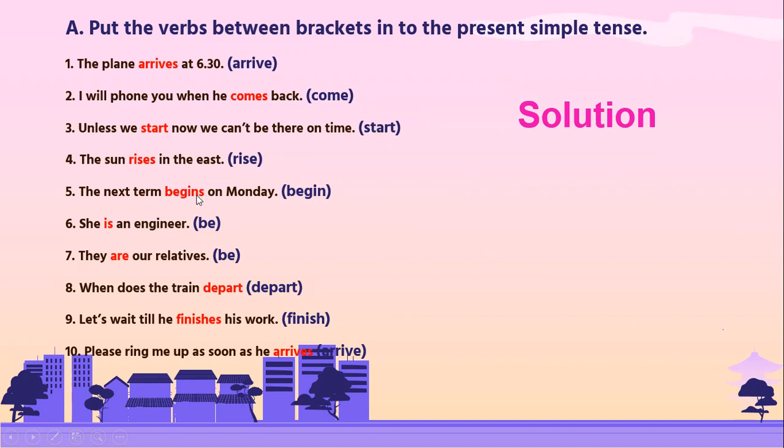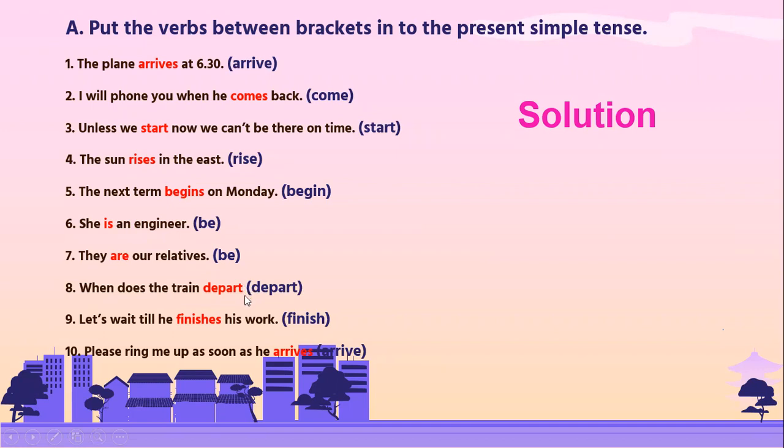We added an S. She is, because she is singular, so the verb to be would be is. She is an engineer. They are, because they is plural, so the verb to be would be are. They are our relatives. When does the train depart?